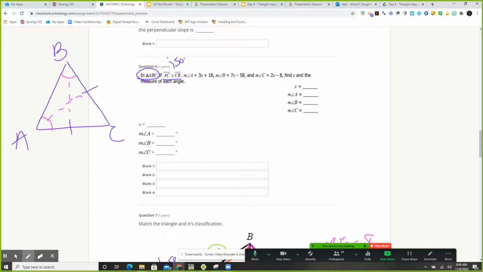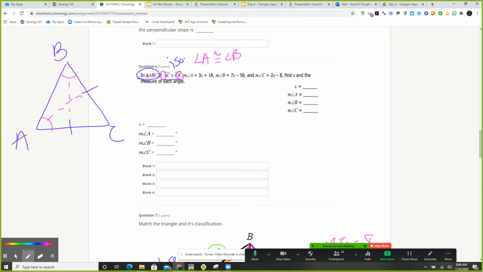Can I draw lines through the middle of the triangle to the opposite corners? Those are like those lines of symmetry almost from the last unit. So because this is an isosceles triangle and AC and BC are congruent, then I know A and B are congruent. Angle A is congruent to angle B.